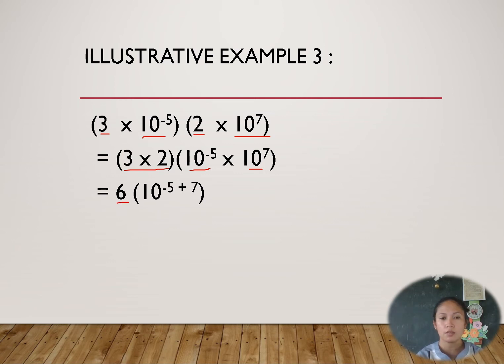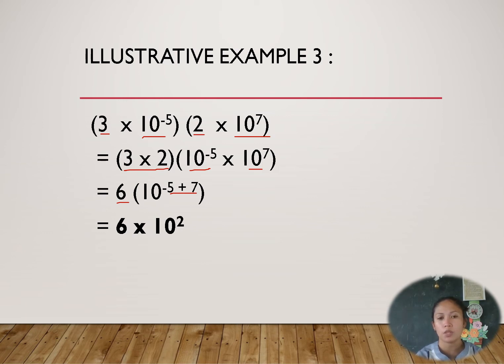And then 10 to the power of negative 5 plus 7. We apply here the product of a power, which states that when two numbers have the same base, in multiplying them you can just add the exponents. Simplifying further, the answer here is 6 times 10 to the power of negative 5 plus 7.